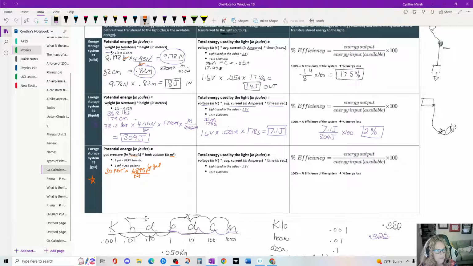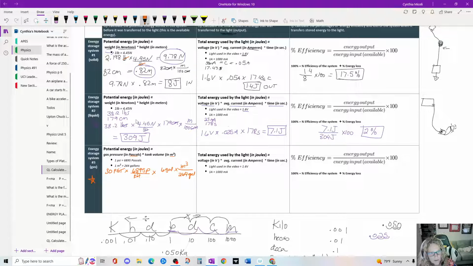I'm going to move that 6 gallons just so it's not confusing. And then I also know that I have a 6-gallon tank, and I also know that there's 264 gallons in a cubic meter.